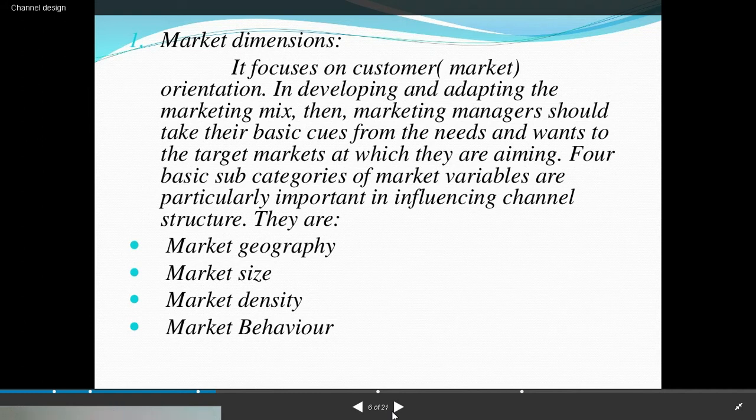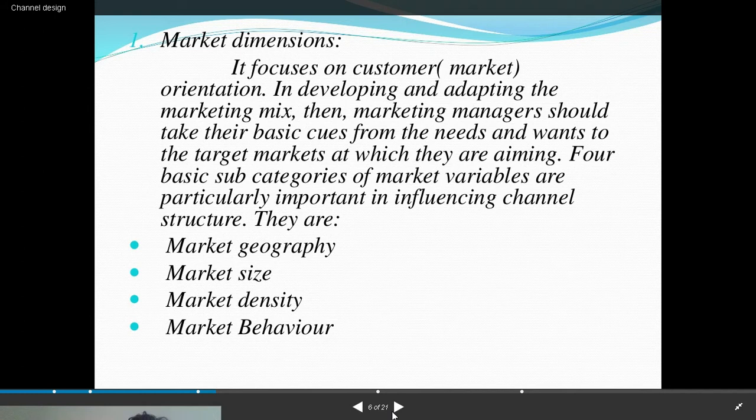So what does it mean? It means how the geographical market, that is market segmentation, is taking place. Overall, in one word I can say: what is the market size, what is the market density, what is the market behavior, what is the geographical condition of the market. All these things come in the market dimensions. In the market dimensions, they are going to develop and adapt the marketing mix: product, price, place, promotions.